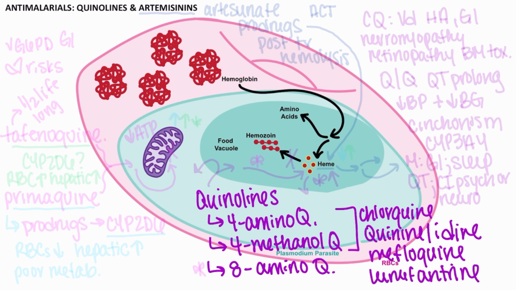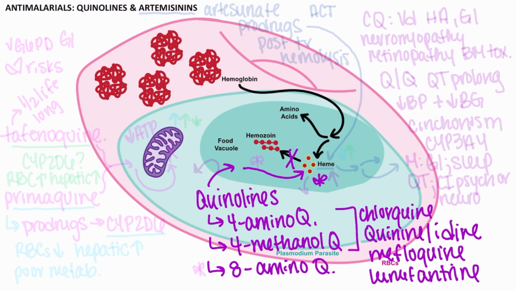And how all of these agents are thought to work is by first accumulating within the food vacuole of the parasite, and then forming some sort of complex with, or interacting in a not fully understood way with, heme to essentially prevent it from becoming converted into that insoluble inert hemozoin form.